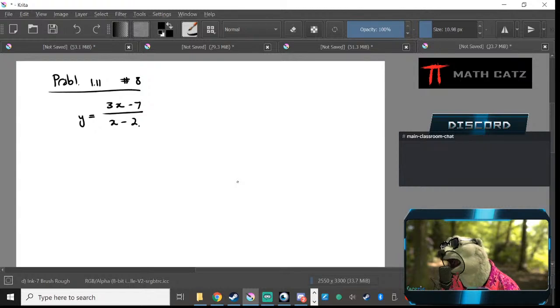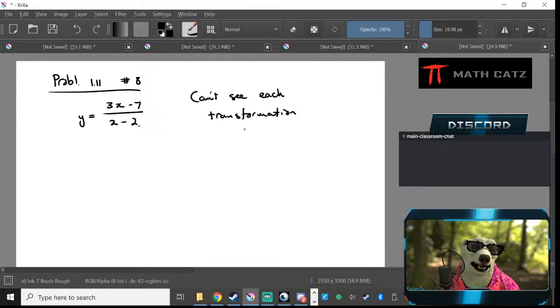Now the method there was completing the square. That's not happening here, but I still have to rewrite this to figure out what the transformations are. I can't see each transformation that is happening.